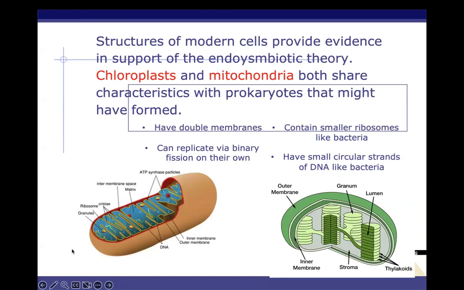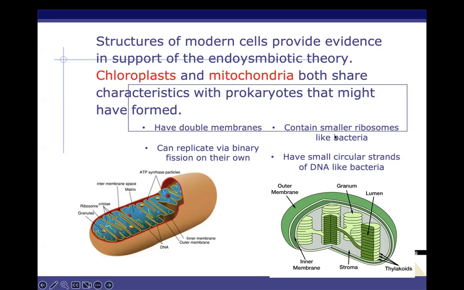So, here in this picture, structures of modern cells provide evidence in support of this theory. Chloroplasts and mitochondria both share characteristics with prokaryotes even today. For example, mitochondria and chloroplasts both have double membranes. Believe it or not, they can both replicate on their own via binary fission, so they can both self-replicate.